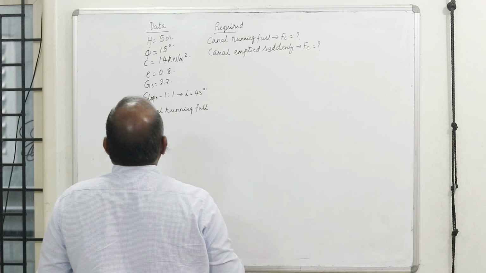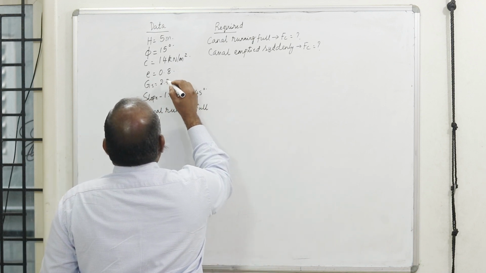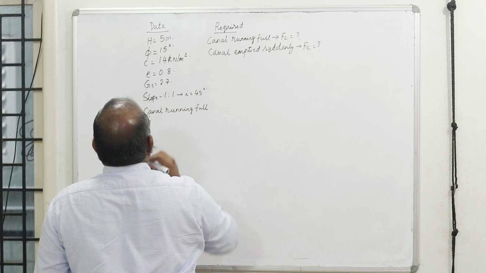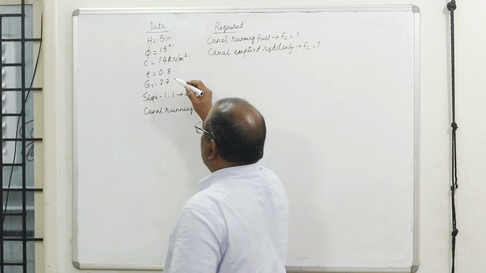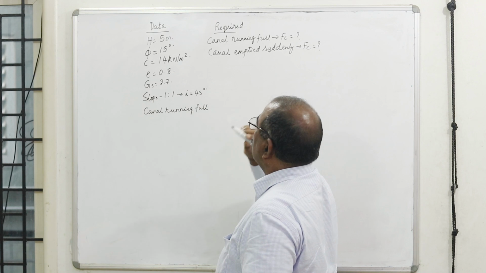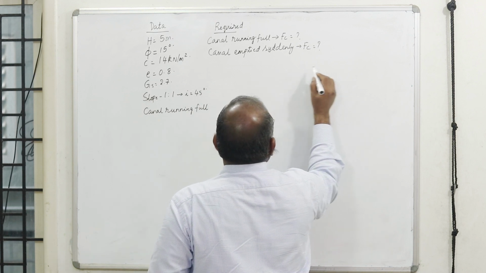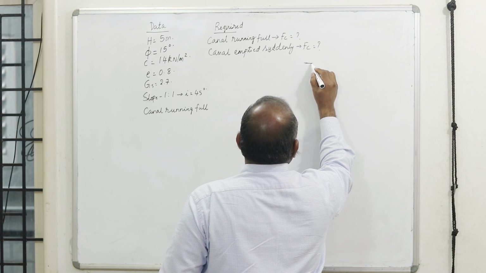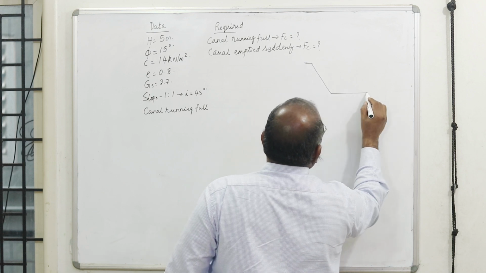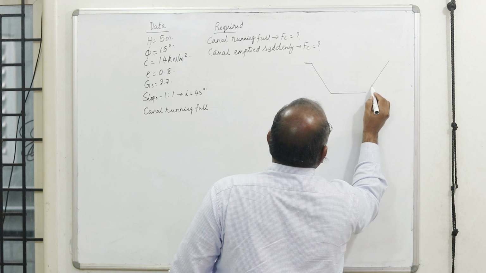Now, students, he has not given the unit weight. Unit weight has to be found out. He has given the void ratio. Now it is running full. Therefore, you can just draw a small diagram. This is 45 degrees. Approximately, you can draw.